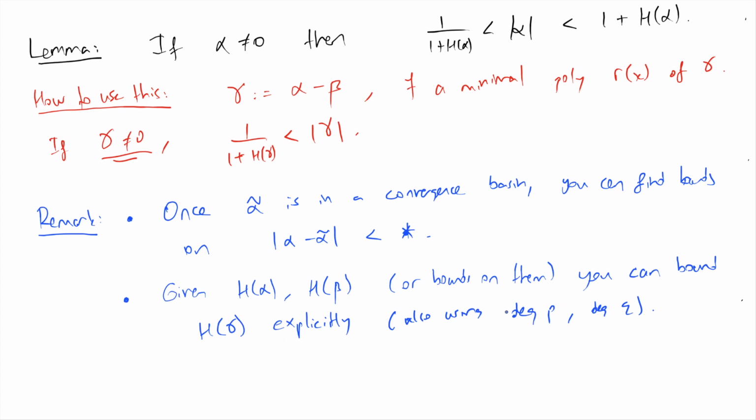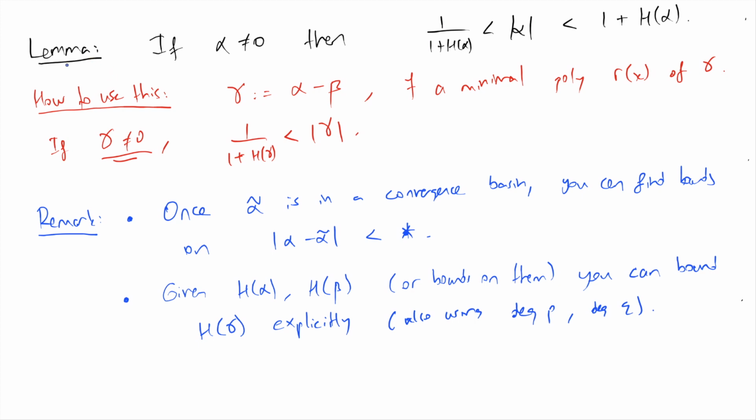You also need to use the degrees of the minimal polynomials of alpha and beta. Here gamma was the difference or the sum, it doesn't matter. So p and q can be different in fact. There are explicit closed formulas. They're slightly more involved to derive, so I will not do this today, but it will not be a problem. We will see another method of computing gamma later on. Anyway, equipped with these facts, I'm able to use this lemma as indicated in this red comment.